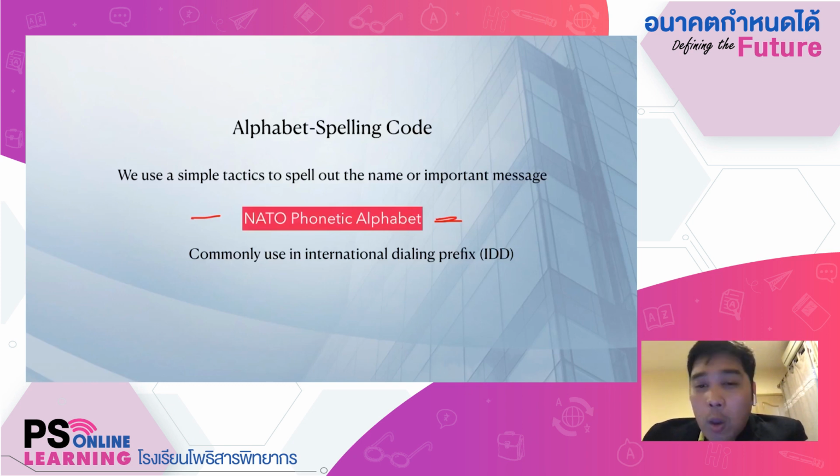It is the code which they use for aircraft and the military. Okay, so it is commonly used in the international dialing prefix or IDD. Don't ask me what IDD is, but I would say it is the international dialing prefix.